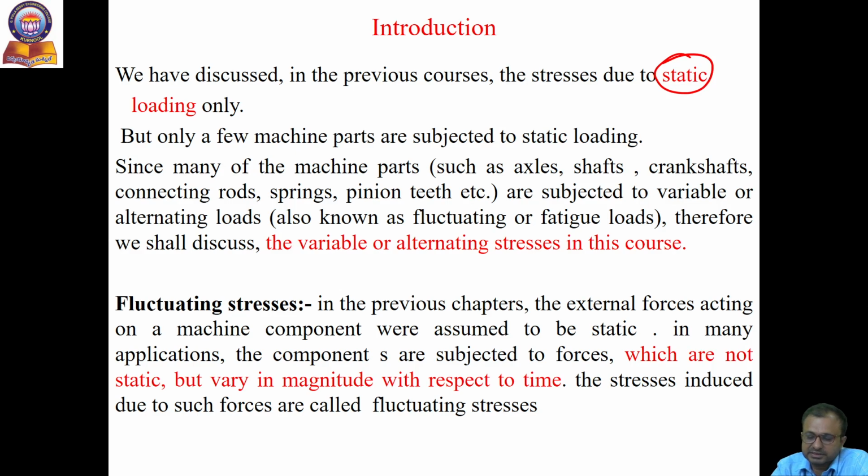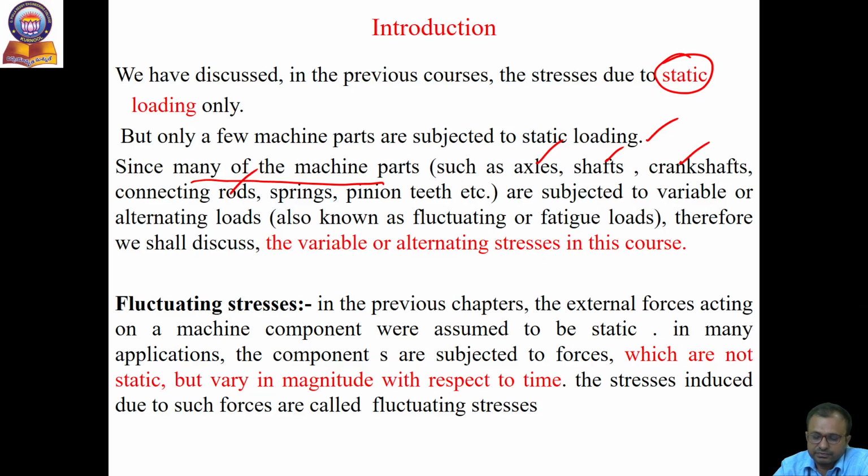But this kind of loading we observe only in a few machine parts. Many machine parts are subjected to variable loading, like axles, shafts, crankshaft, connecting rod, springs, piston, etc.